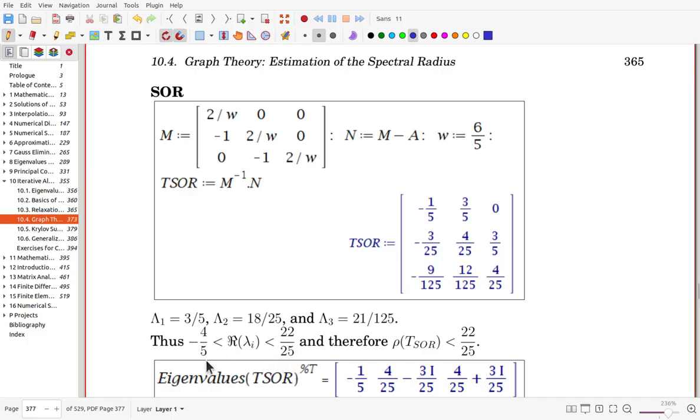So more or less, this is the right answer, and so we can conclude the spectral radius of the S1 iteration matrix is bounded by 22 over 25. Because of the complication, anyway, this analysis guarantees that the S1 is convergent.